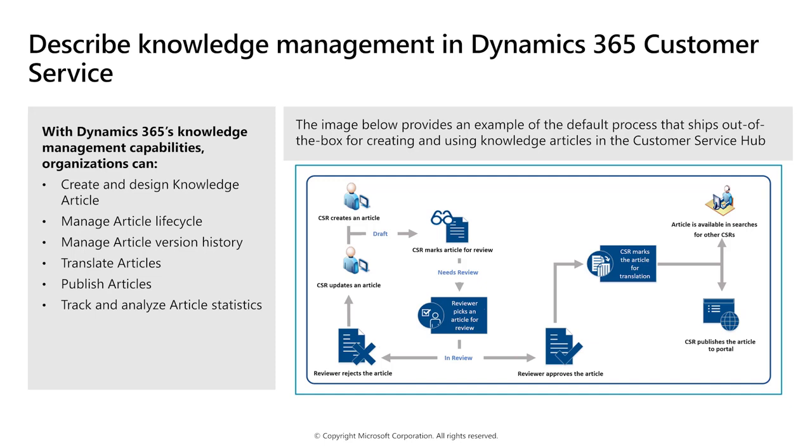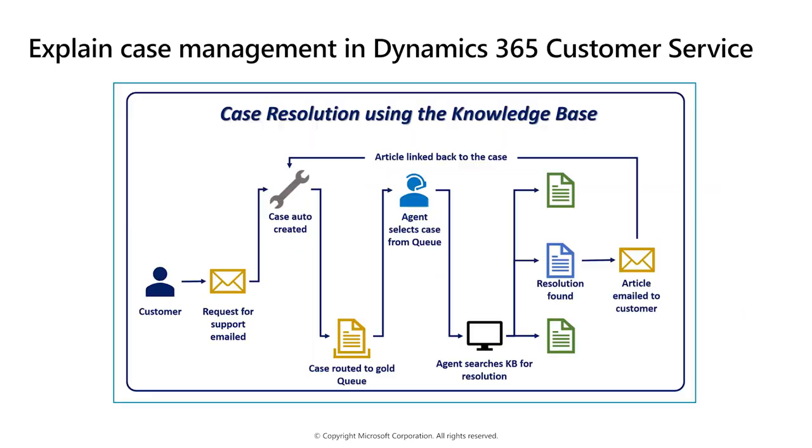So let's go ahead and look at the scenario whereby we're going to use the knowledge base and knowledge articles to resolve the case. If we look at this diagram here, what we've got is the customer, and this is our gold customer, so they contact us and it comes in for support via an email. We're automatically creating that case using the case creation rules, either based on the subject or based on the person or the account that they're associated with, and it is then routed to the gold queue.